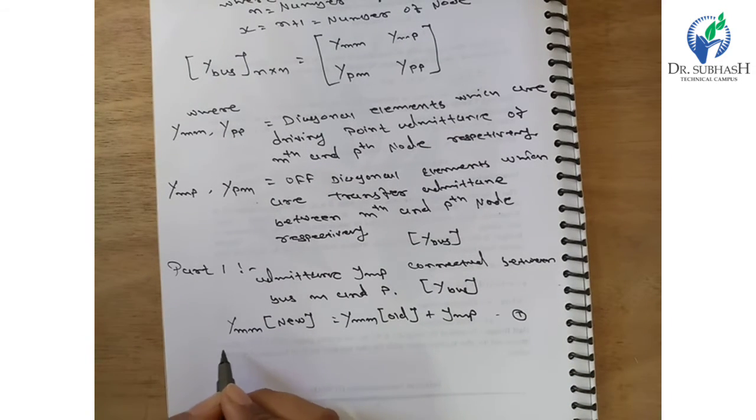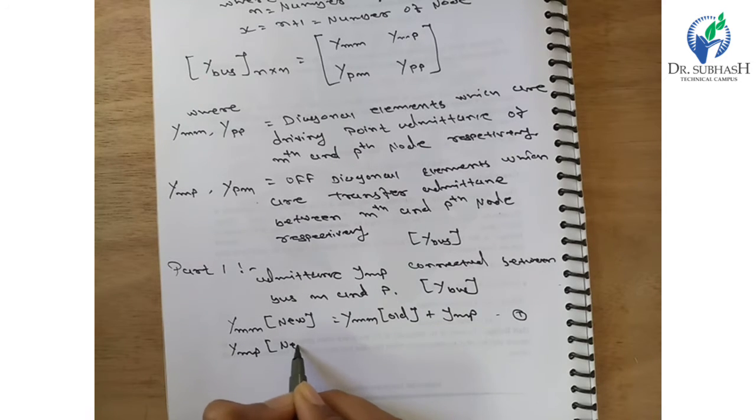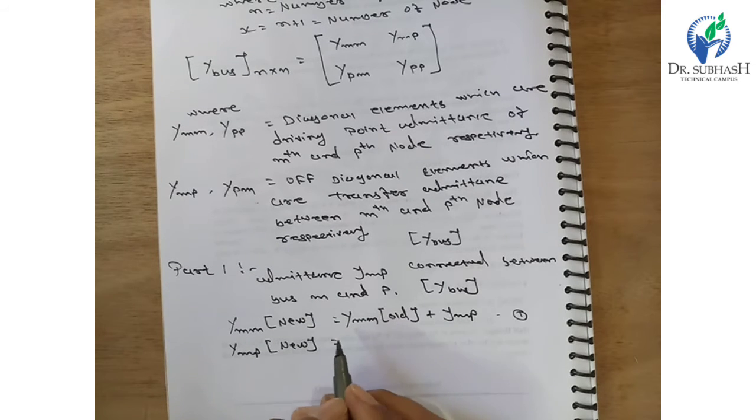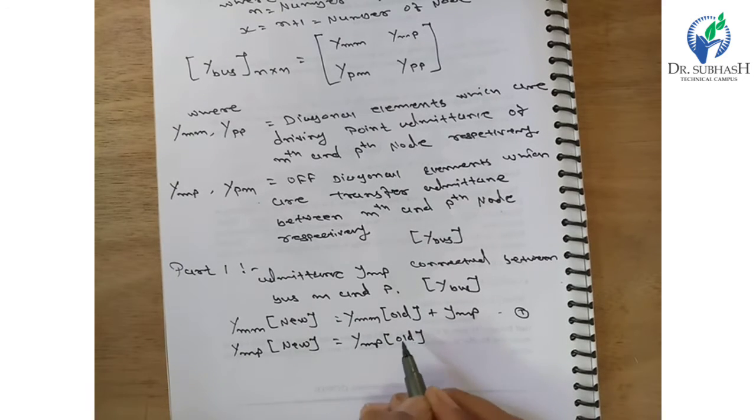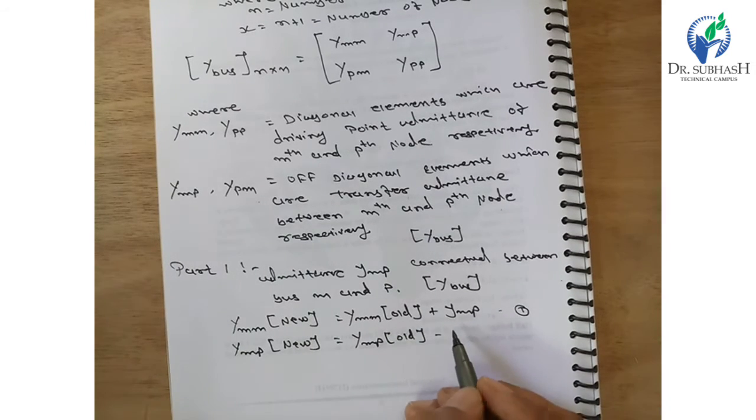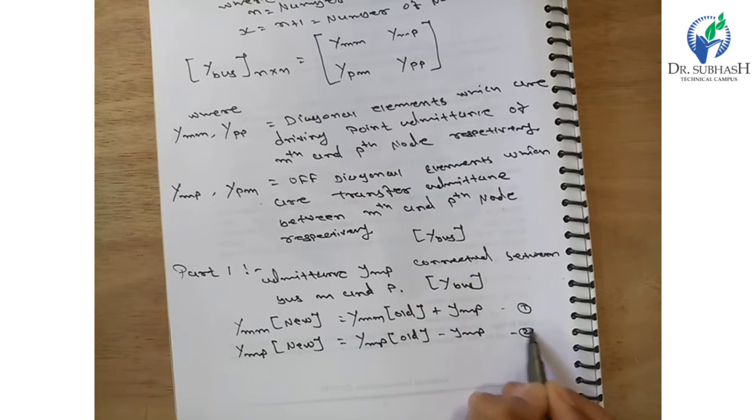In the same way, we write the equation for Y_MP in a new form: Y_MP new is equal to Y_MP old minus Y_MP. This is equation number 2.